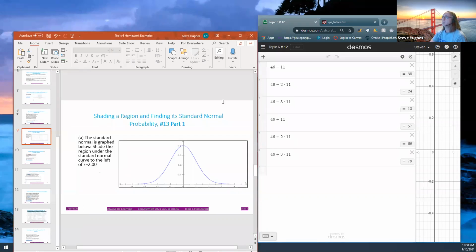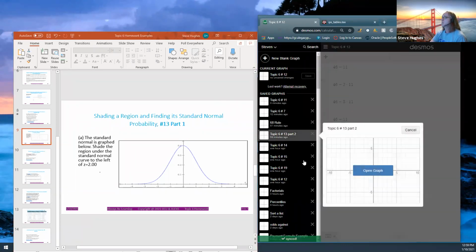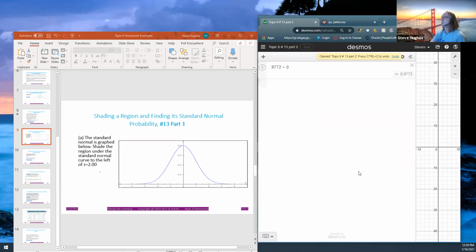All right, number 13 in our homework. Let's pull up our calculator and work right along with us, all right? It says the standard normal is graphed below. Shade the region under the standard normal curve to the left of z equals 2.